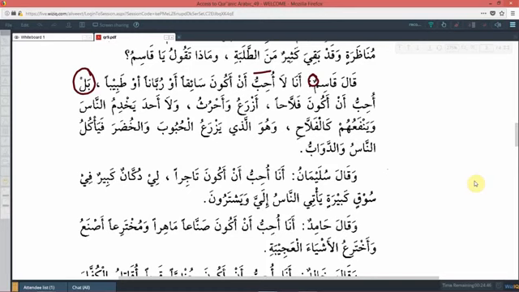أزرع وأحرث. أزرع, I will plant. From زرع, right? وأحرث, from حرث, and I will harvest. I will plant and I will harvest. ولا أحد يخدم الناس وينفعهم كالفلاح. ولا أحد, and there's no one, and there is not anyone. This la is a negation.